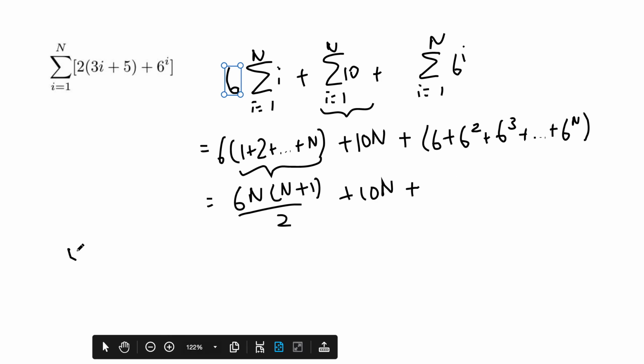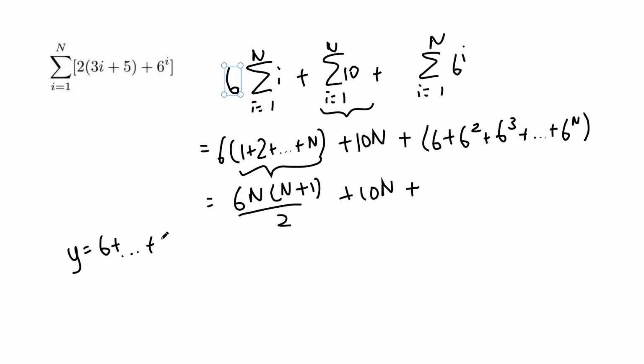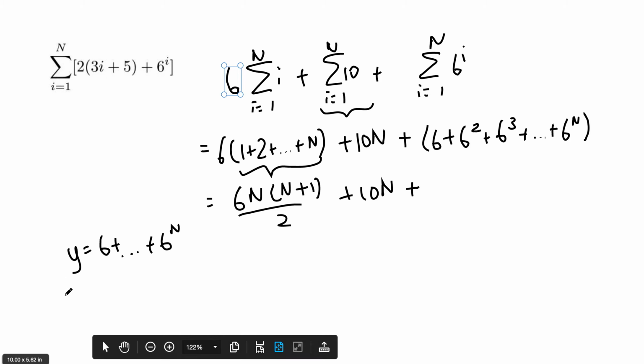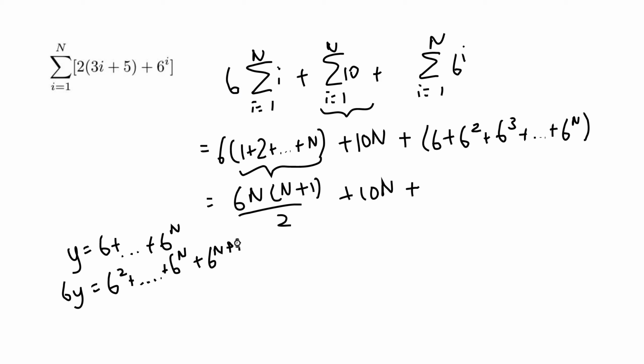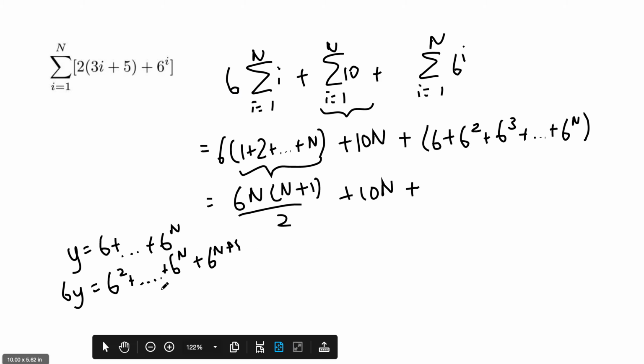So let's say we let y be equal to 6 plus all the way to 6 to the power of n. If we multiply the whole thing by 6, we get 6 squared plus all the way to 6 to the power of n, plus 6 to the power of n plus 1, because n will become n plus 1. And what happens if we take this expression 6y and subtract y from it?